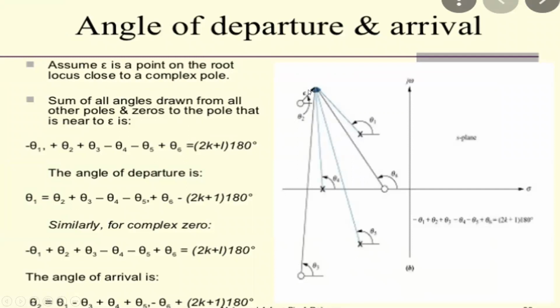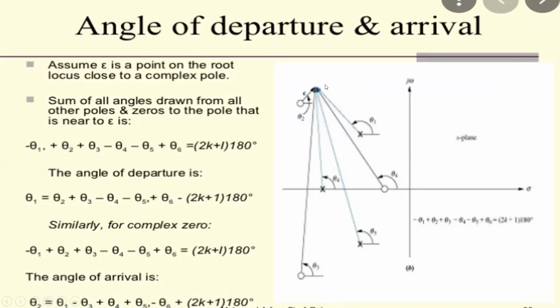For this point to lie on the root locus, we need to satisfy the Evans condition. That is, the sum of the angles of this point should be equal to an odd multiple of 180 degrees. So we need to equate that.